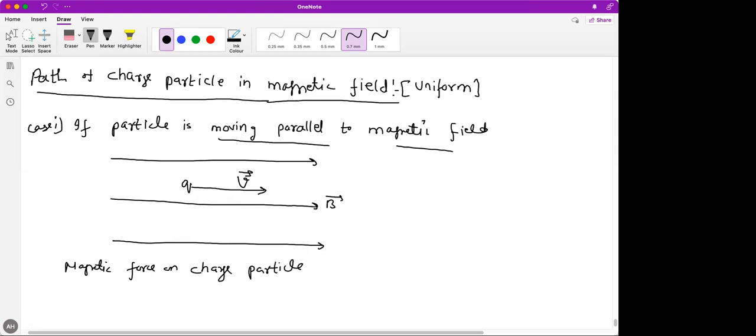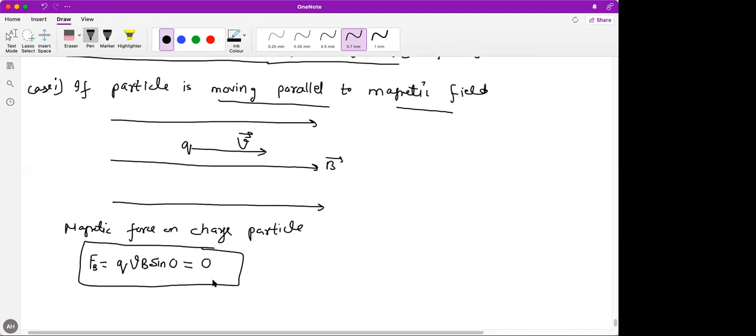Magnetic Lorentz force is QVB sine theta. Sine 0 is 0. So this is how we calculate the magnetic Lorentz force, which comes out to be 0. Magnetic Lorentz force is 0.